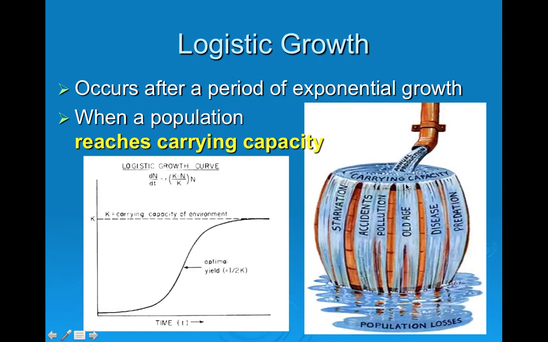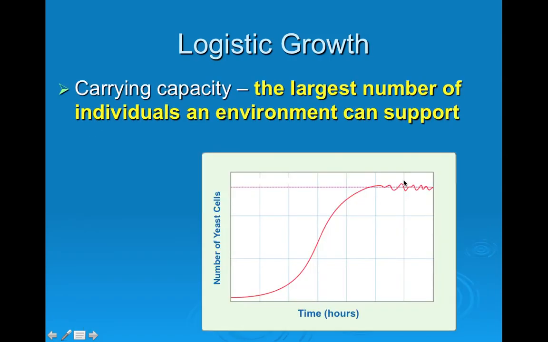It's because it's reached its carrying capacity. So starvation would cause organisms to leave the environment. Accidents, they end up dying. Pollution ends up killing them. Old age, that happens. Disease also ends up killing them, and also predation. These are all reasons, or just emigration, they end up leaving. These are all reasons why organisms would leave an environment. And this just kind of shows how carrying capacity works.